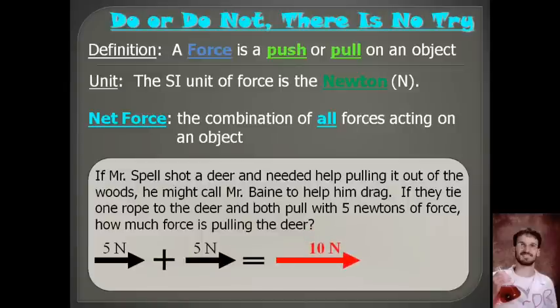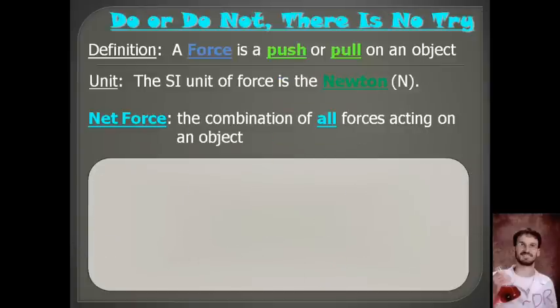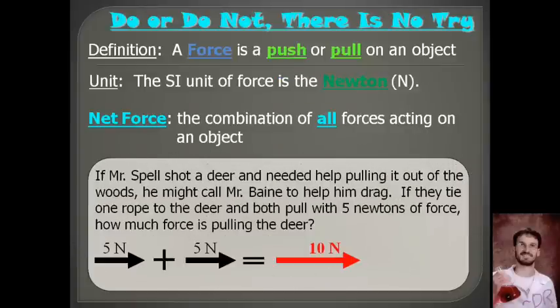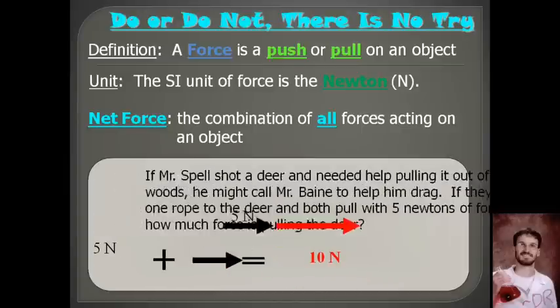Not tough stuff. If you have two forces operating in the same direction, they combine together. FYI, we'll use arrows a lot to represent forces, and notice how the bigger number has the bigger arrow. It makes it much easier to keep them straight if you do that.